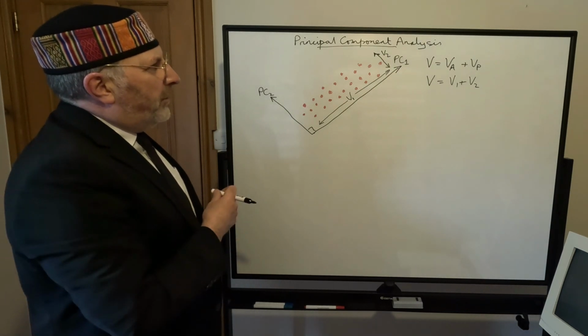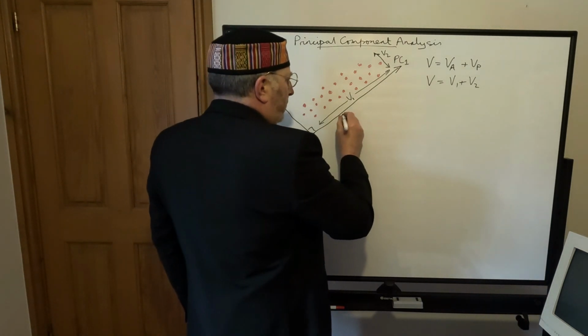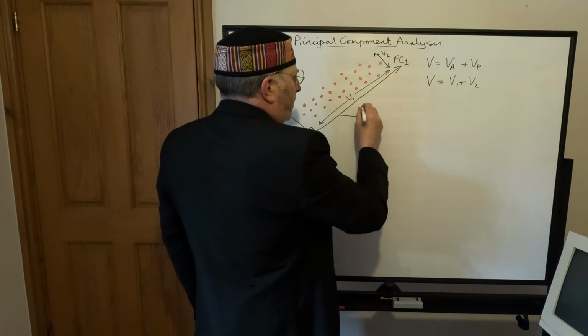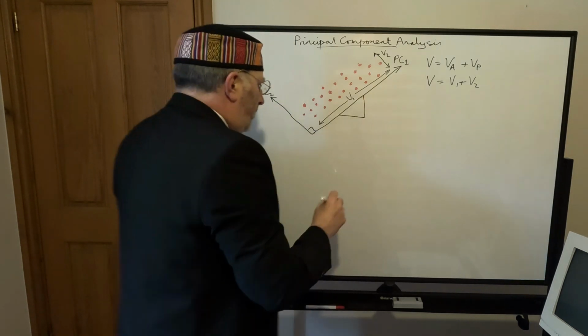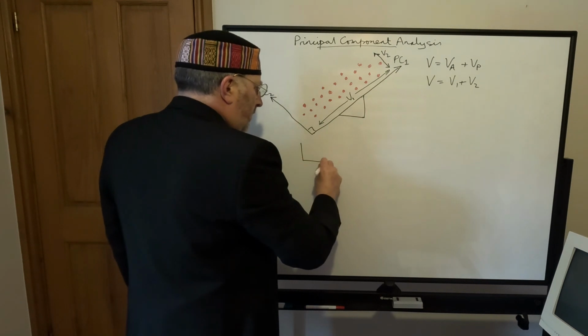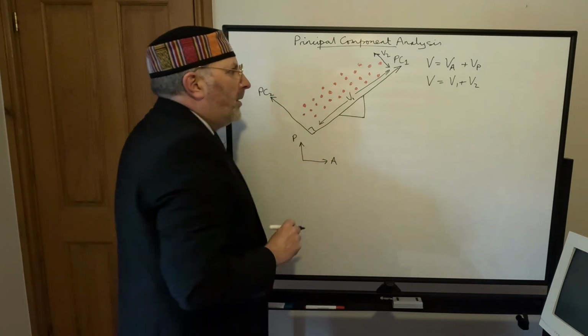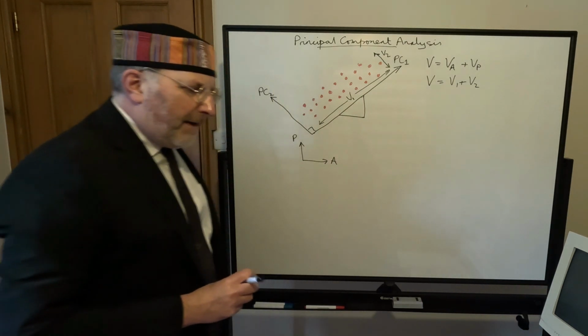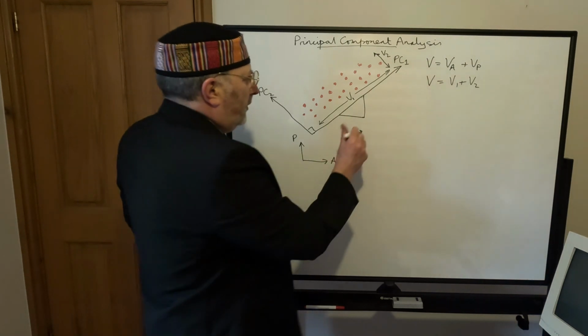These principal components are defined in terms of the original variables, or related to them. So we had our original axes, population and area, and like that.